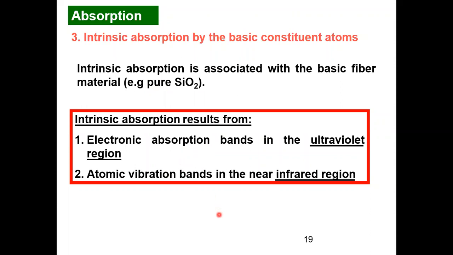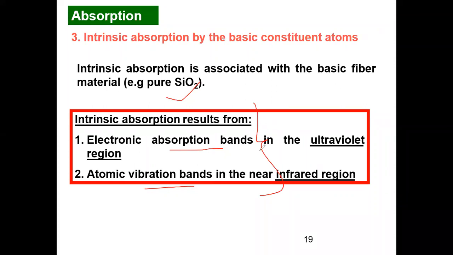So this is the reason why we cannot operate at all wavelengths. Why could we not operate at 1400 nanometer wavelength? Why did we have to go to 1500 nanometer? It was because at 1400 nanometer, it might fall in the absorption band or the vibration band. So what happens is the glass particles start vibrating or oscillating and my signal is lost.